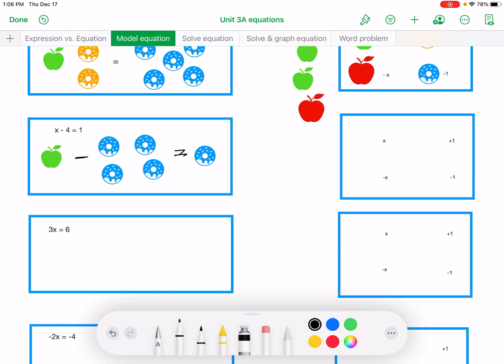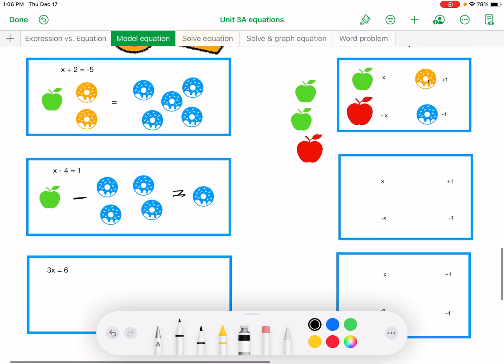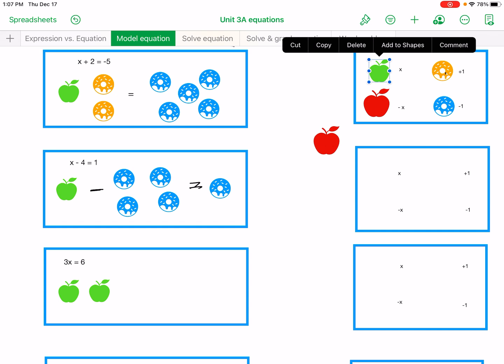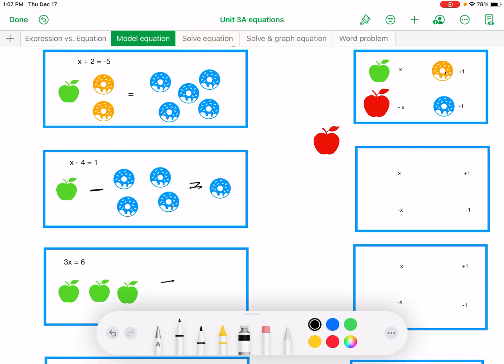3x, that's a coefficient with my variable. 3 positive variables. Okay, I need to create one more, so I'm going to select, Option, and drag. Is equal to, now I'm going to write my equal sign, equals, and now I need 6 positive units. That would be 6 yellow donuts.